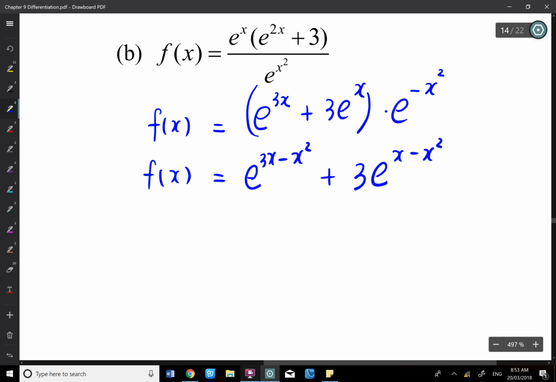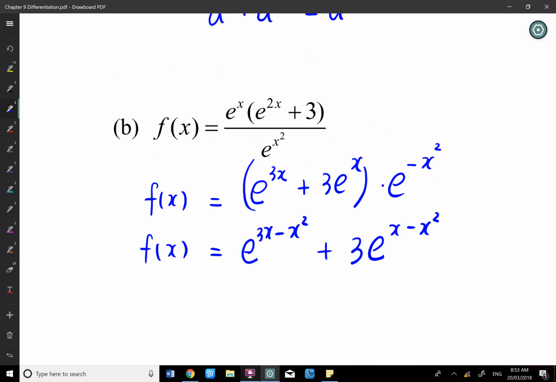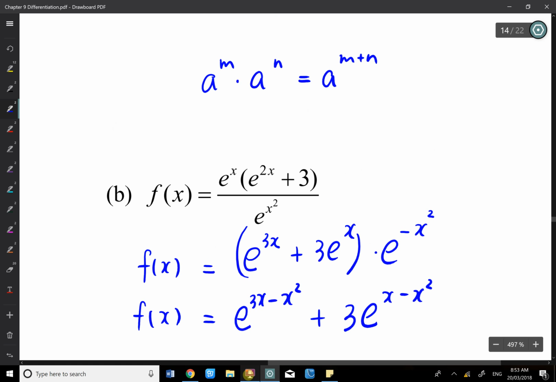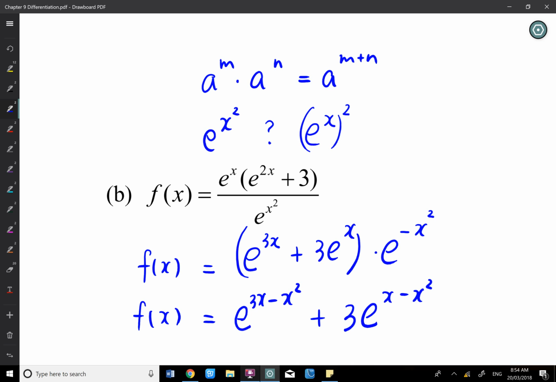I have a question. It's not really related to this question. E to the power of x to the power of 2, does that equal e to the power of x and then to the power of 2? Are they equivalent? Why are they not equivalent?